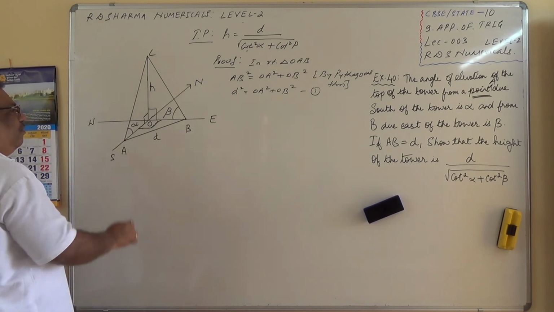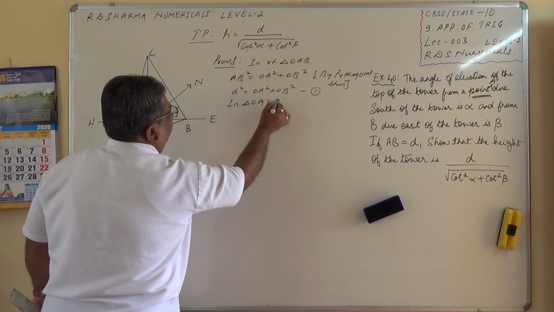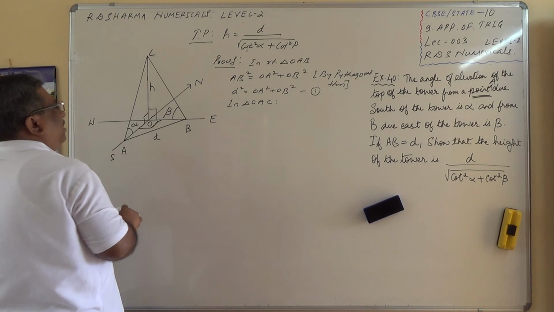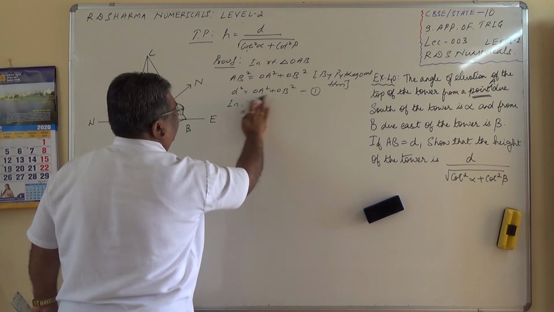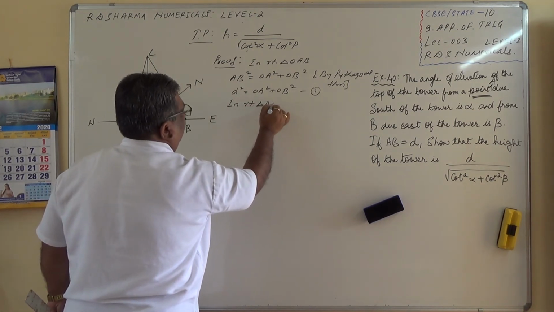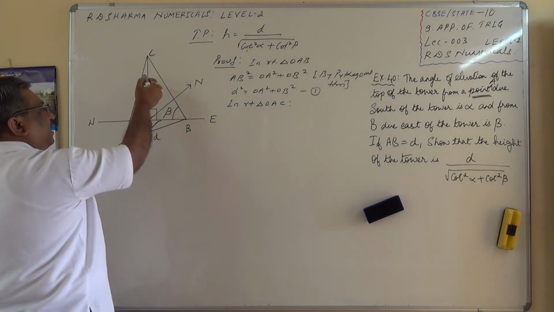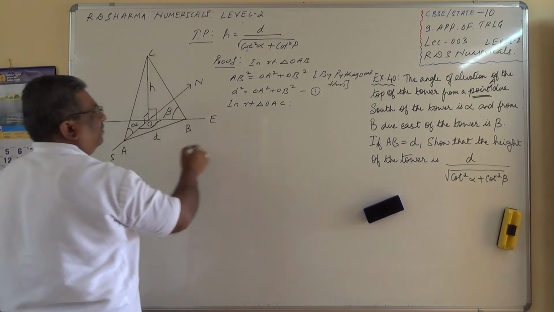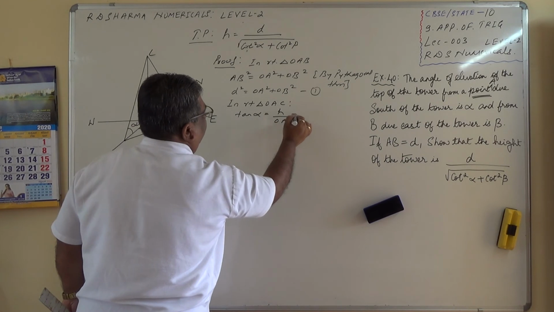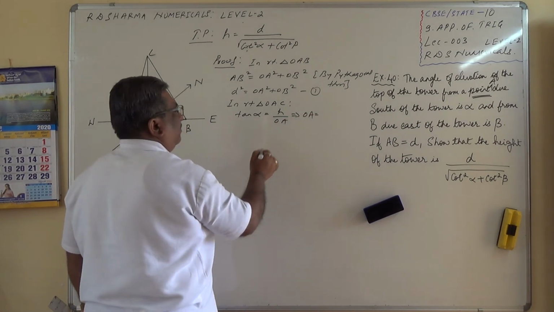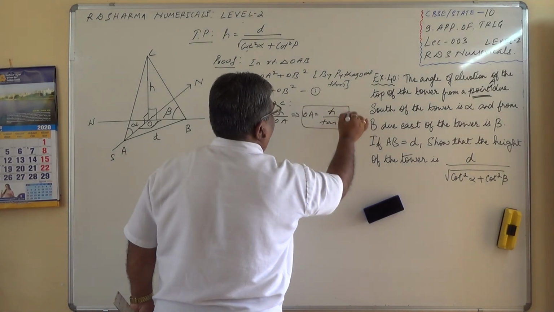Now in triangle OAC, look here, this is a right triangle. In right triangle OAC, h by OA is tan alpha. Tan alpha equals h by OA, implies OA equals h by tan alpha. Mark this 2.